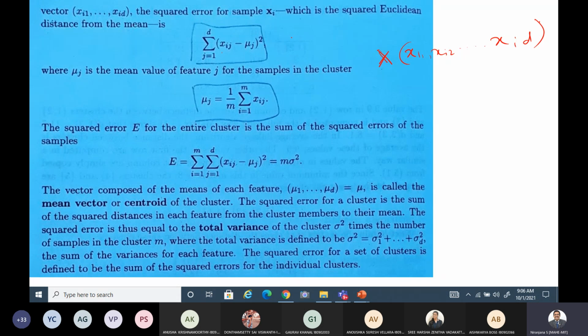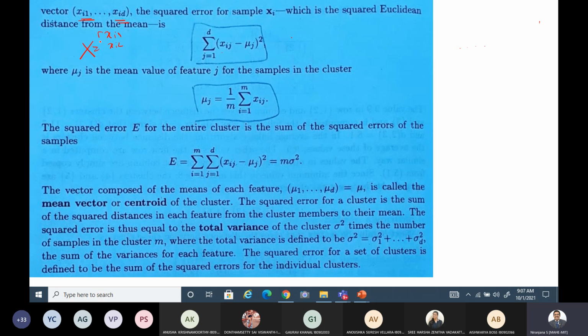Please understand that if there is a feature x, it will have a mean as mu x. In this case we denoted that there are d number of features, j equal to 1 to d. For each vector you will have d number of variables, xi1, xi2, and so on, right?